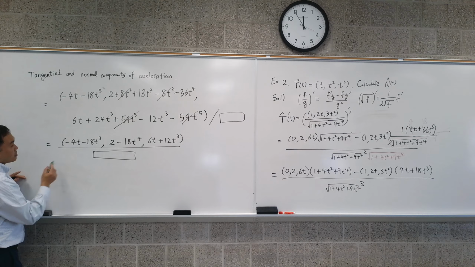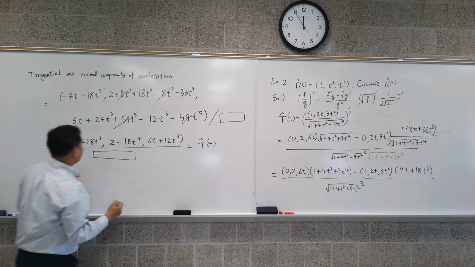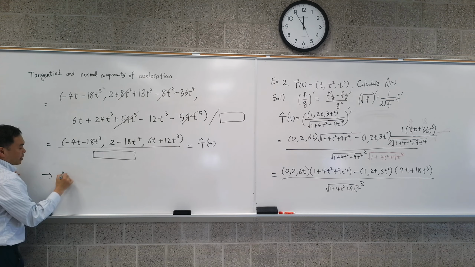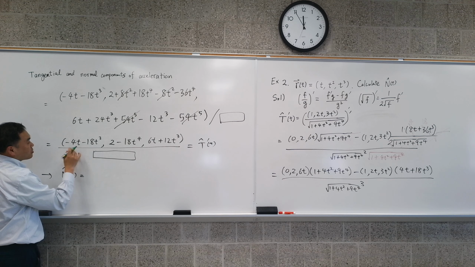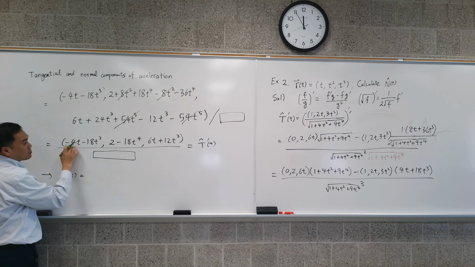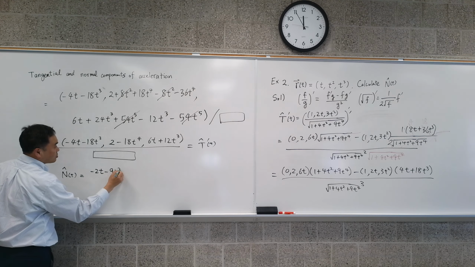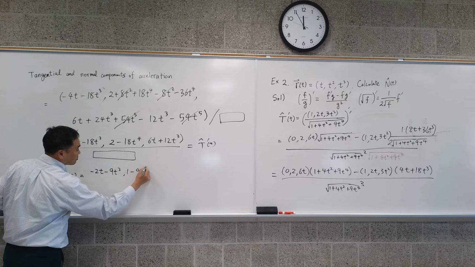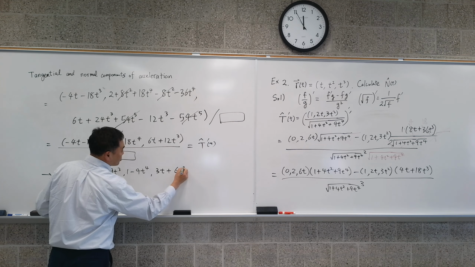So since this is equal to T hat prime t, now we can say that N T hat is going to be, and another thing is that if you see a common factor for the entire thing, you can also take that out. So I see that you can divide everything by 2, so again, negative 2t minus 9t cubed, comma 1 minus 9t to the fourth, comma 3t plus 6t cubed.